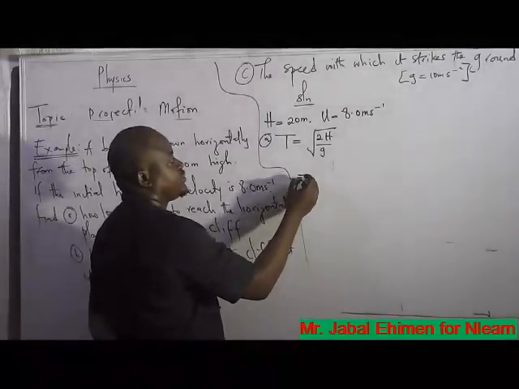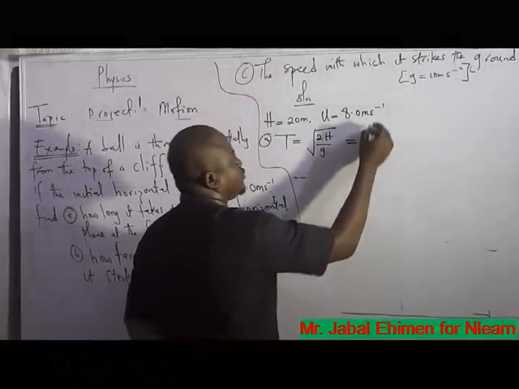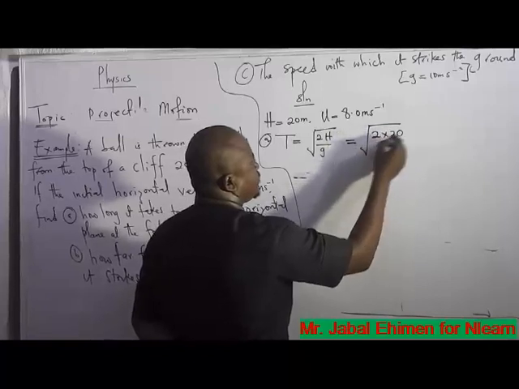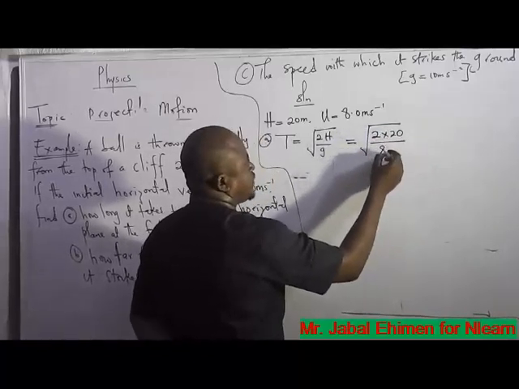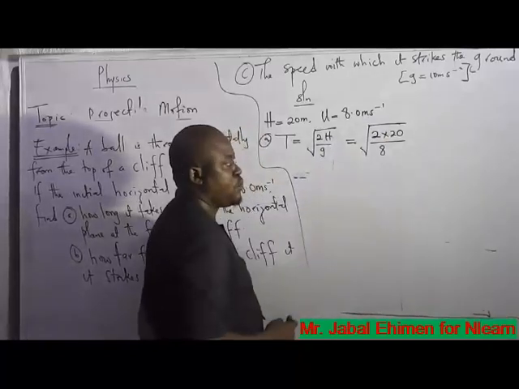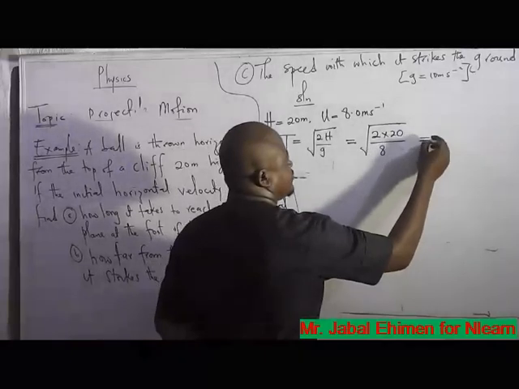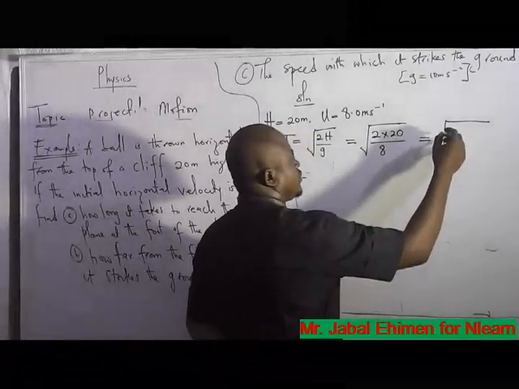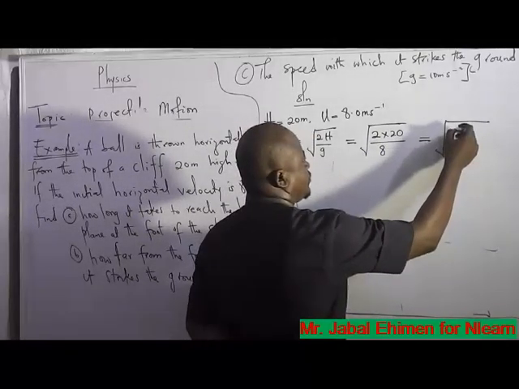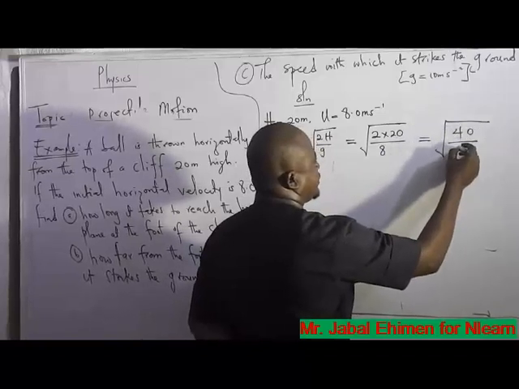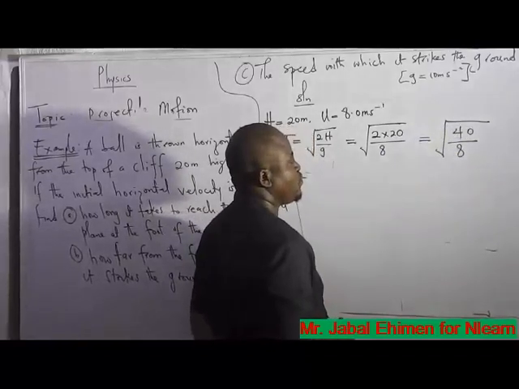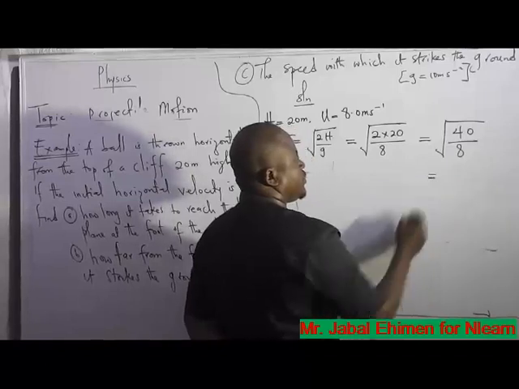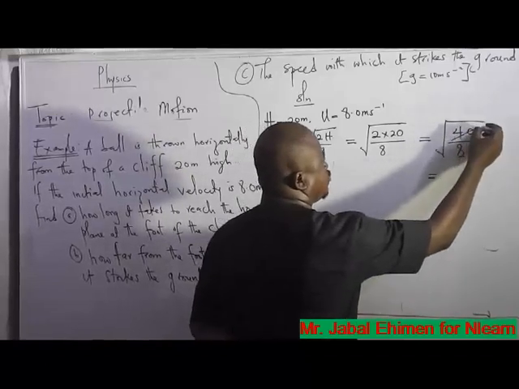That gives a value of the square root of 2 times 20 divided by 10, which gives the square root of 40 divided by 10.